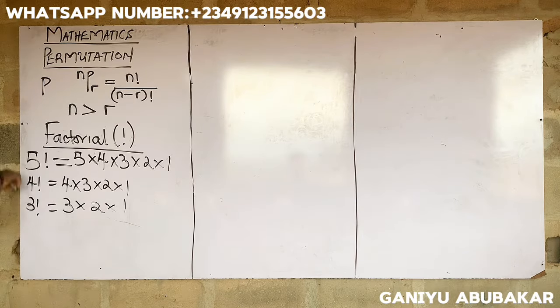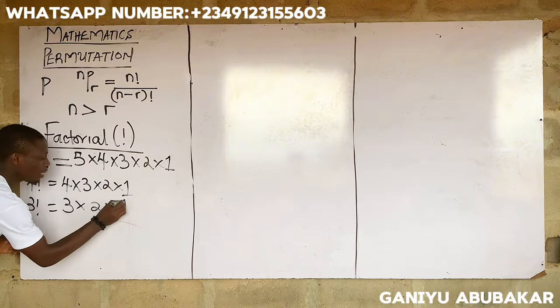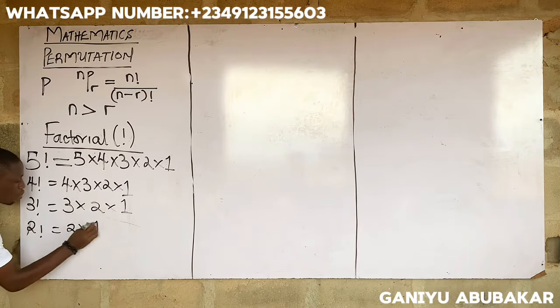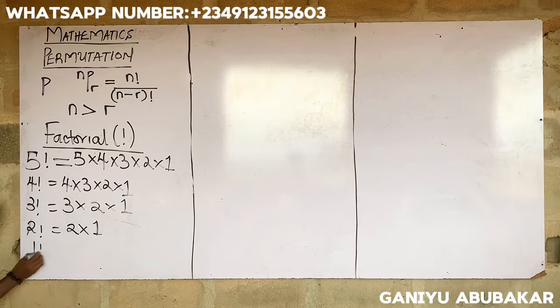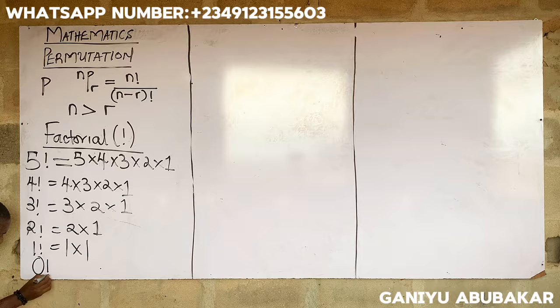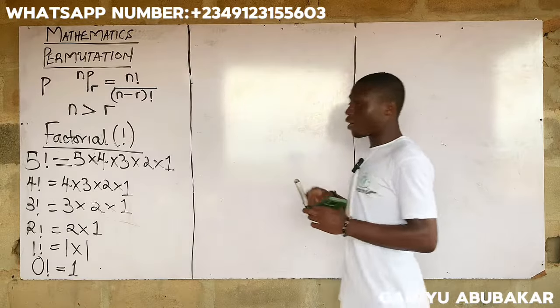Next up, 2 factorial. That's 2 times 1. 1 factorial is 1 times 1. 0 factorial, please note that 0 factorial is just 1.